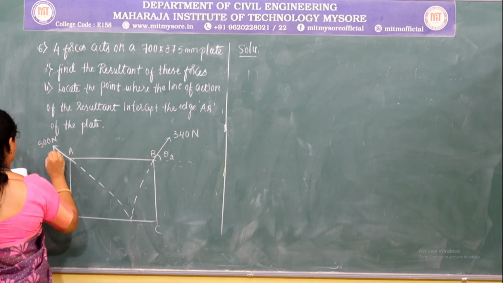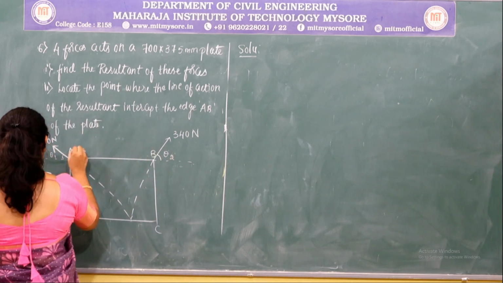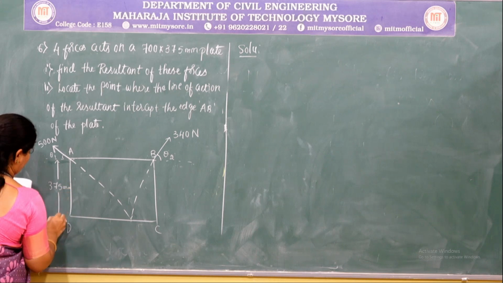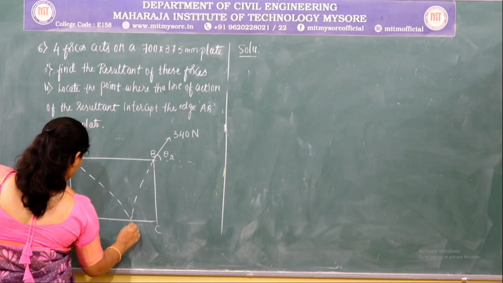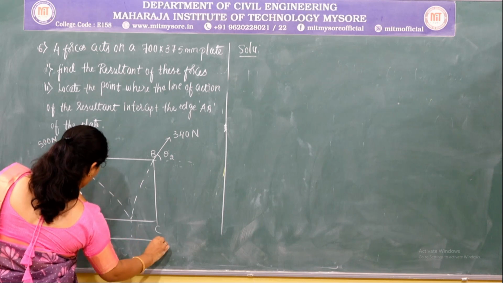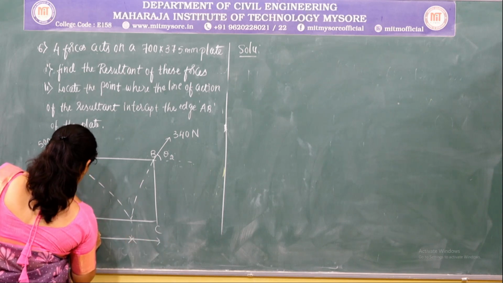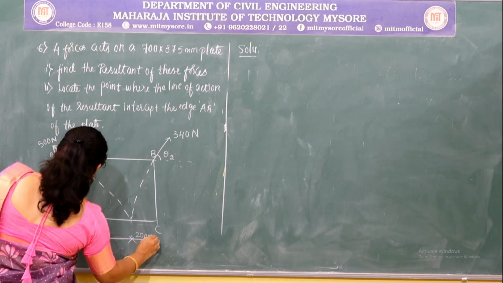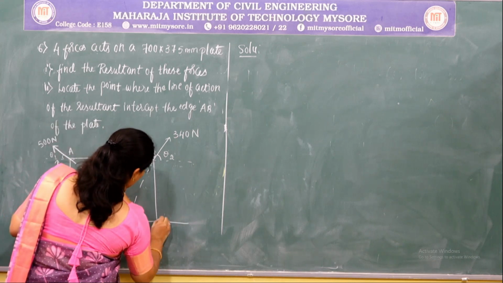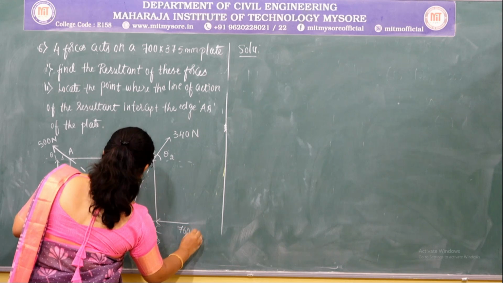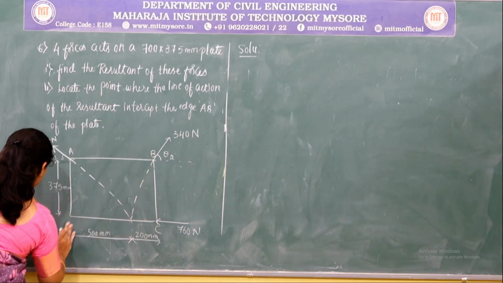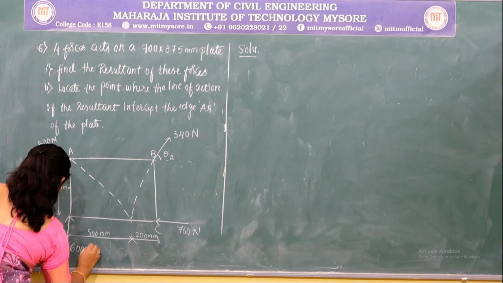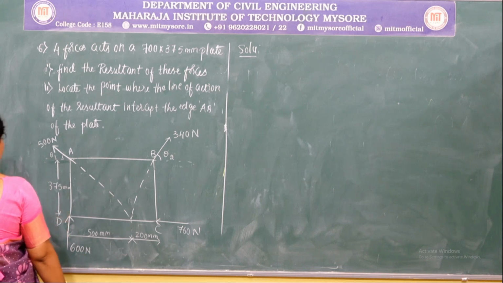theta 2 and this as theta 1. At point C, there is a horizontal force of 160 Newton, and at point D, there is a vertical upward force of 600 Newton.